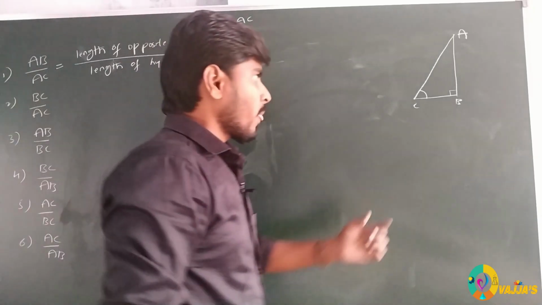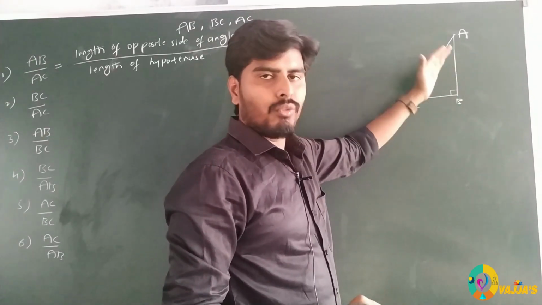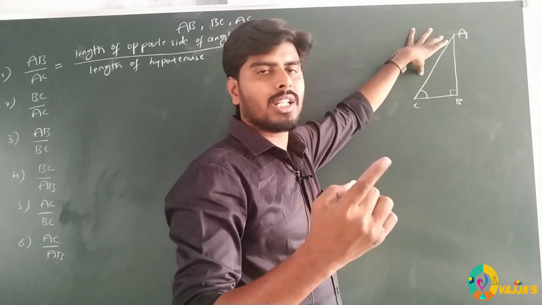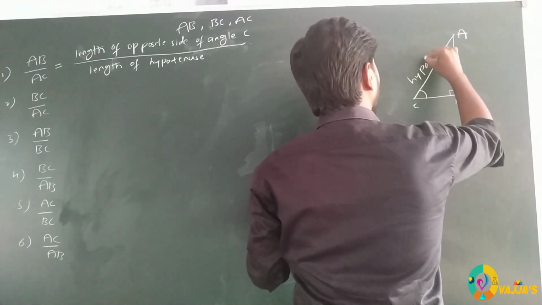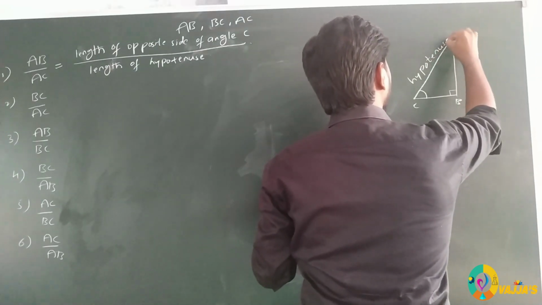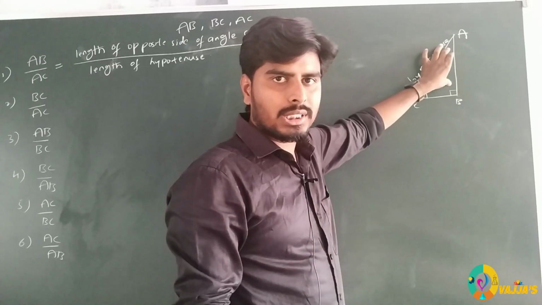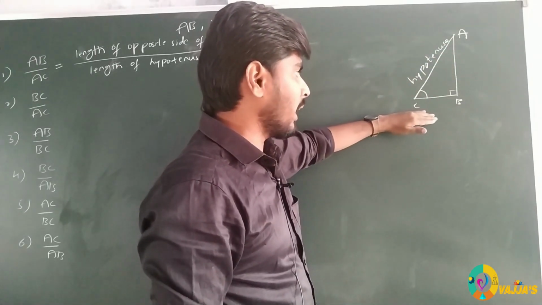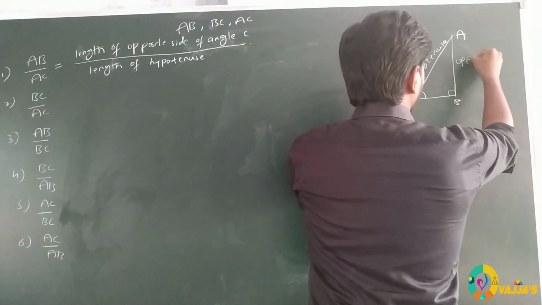Look here. In this right angle triangle, the side which is opposite to the right angle, that means AC, is called the hypotenuse. And I am saying that this AB is the opposite side with respect to C. So if my angle is C, this is the opposite side.